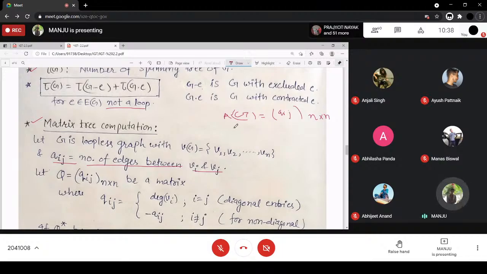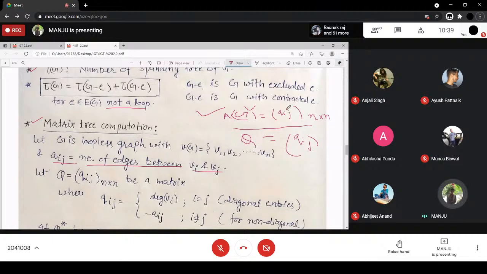Okay, so from this matrix, what do you do? We will form one more matrix named Q, containing Qij. Now, in this matrix, what were the diagonal entries? Diagonal entries in Aij are zeros, right?